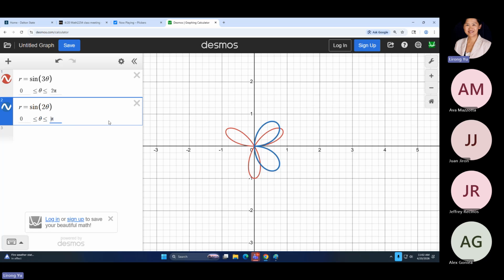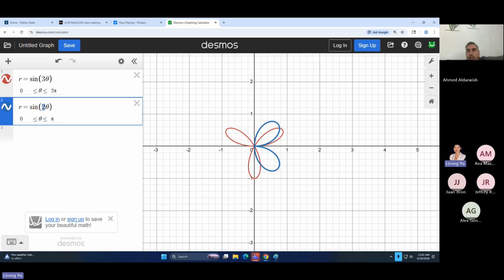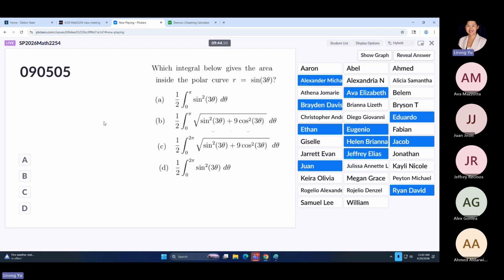So for all the even numbers multiplying the angle in sine or cosine, you always have to use 0 to 2 pi. But for the odd number, 0 to pi is enough to have all the petals traced in the curve. So the answer should be A, because we are not going the full circle 0 to 2 pi. It's not necessary to have that.